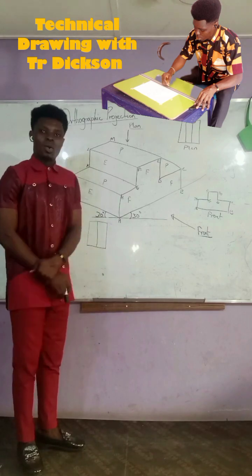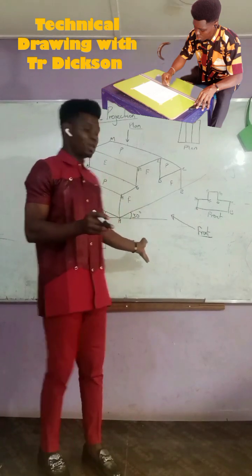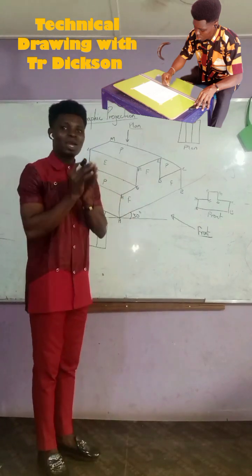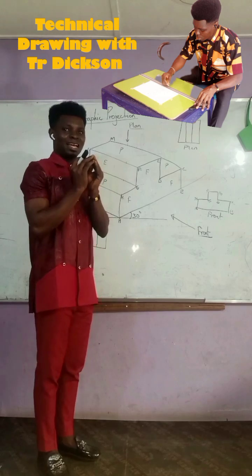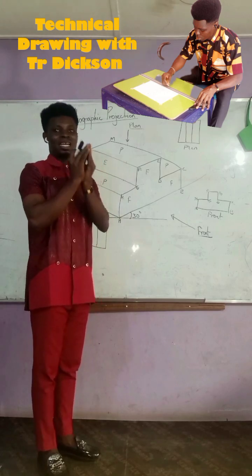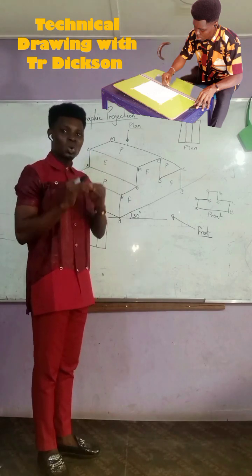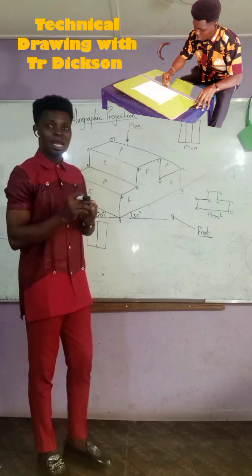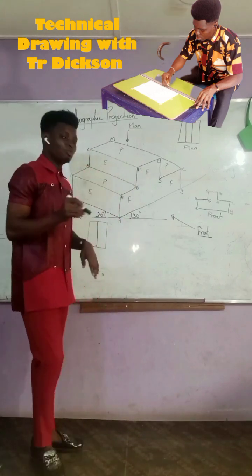Now, the bottom line is that we are going to see how we can do this in a draftsmanship way, that is, in a technical drawing way, where we use the tools needed on the drawing board: the T-square, the set-square, and everything required.